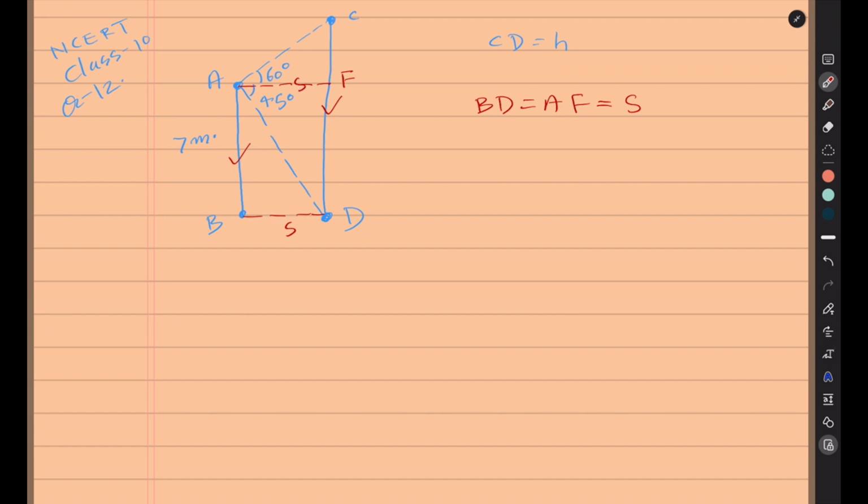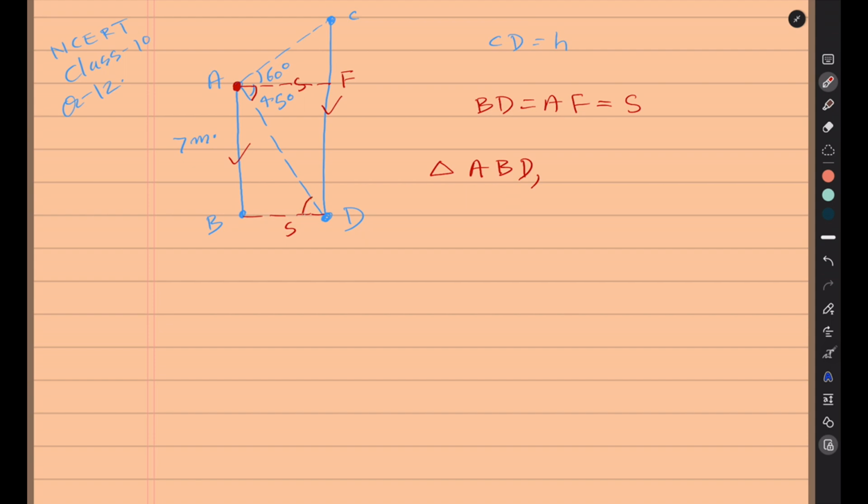Now let us consider triangle ABD. So in triangle ABD, we know that the angle of depression was 45 degree from this tower, from this observation point.